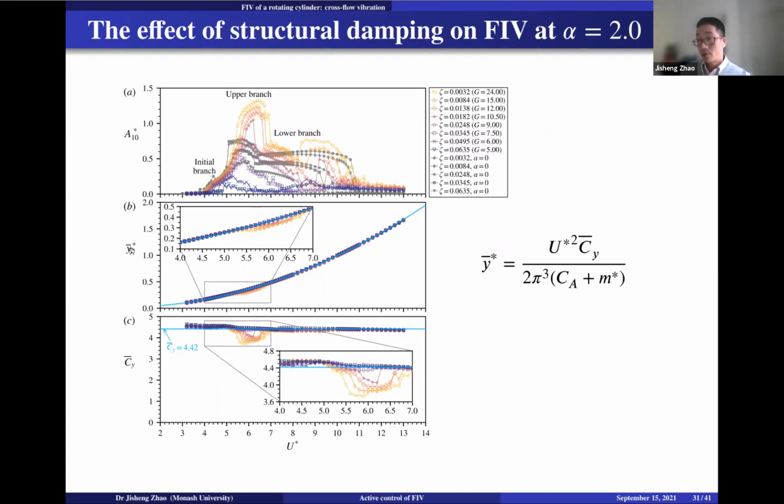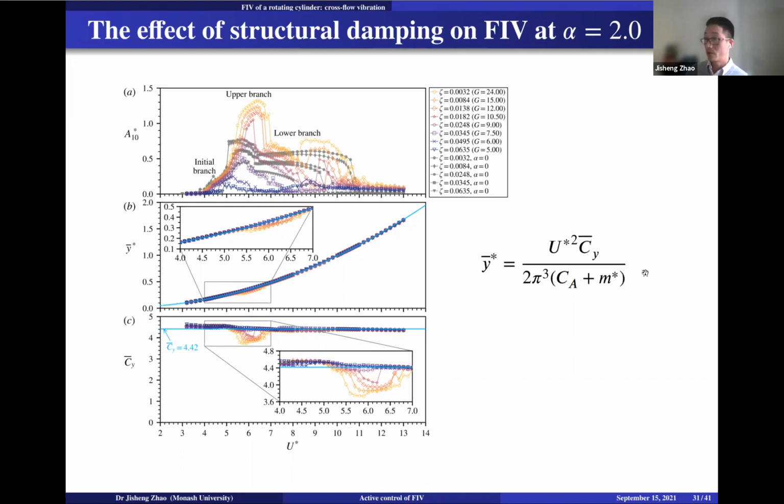And then the other 2 plots. I try to understand the Magnus force, and how the structural damping can influence the structural vibration or the Magnus force. Basically, I could use this equation I derived from the governing equation of motion. What I find is that the structural damping has a minimum impact on the Magnus force.